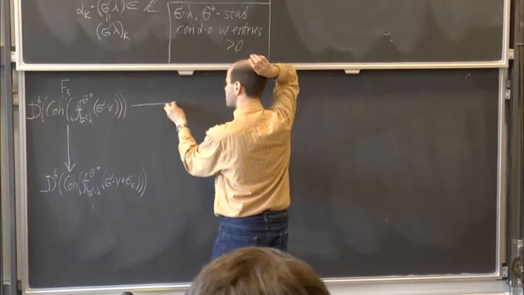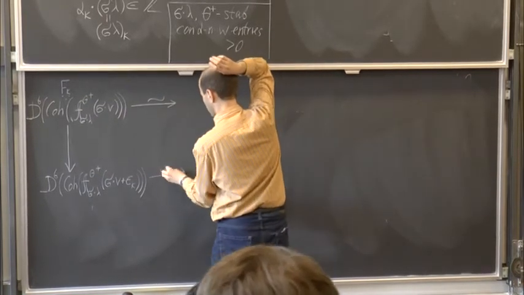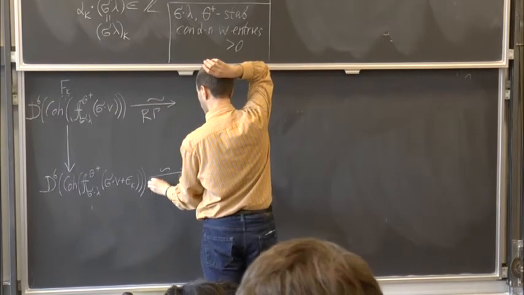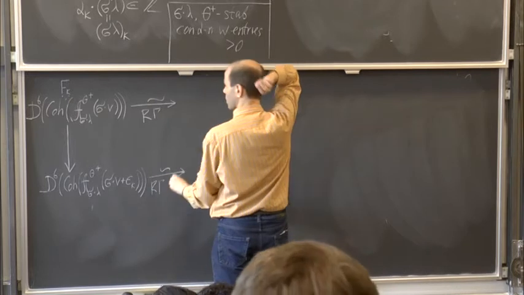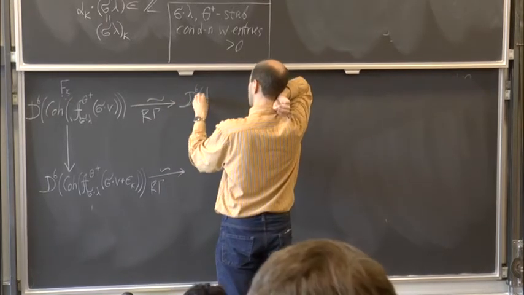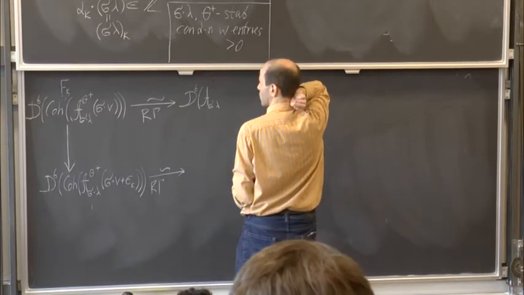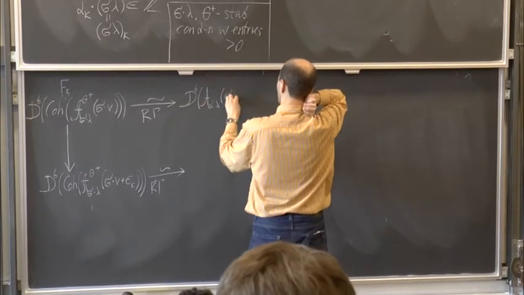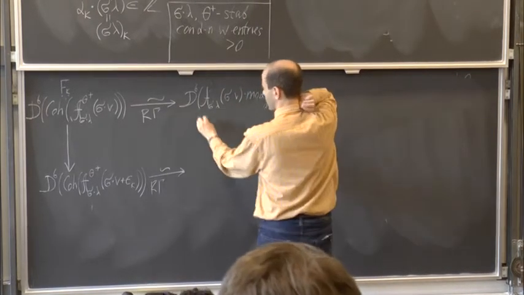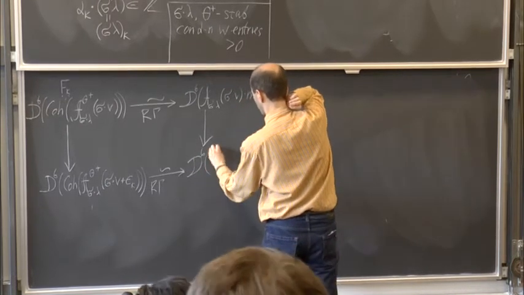Now these categories are equivalent via derived global sections to D^b of A sigma dot lambda, sigma dot v modules, and similarly at the bottom.